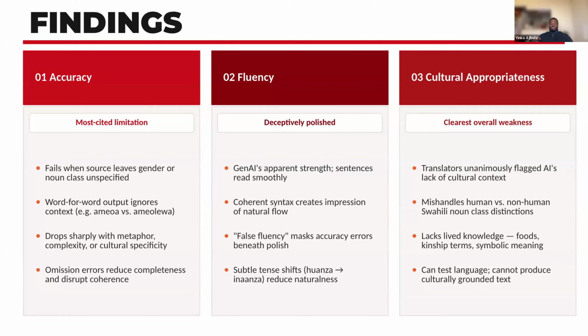It can process language patterns, but it cannot fully understand what certain words mean in use. So, for example, previously when I talked about Harambee, it does strip away some of the cultural meaning, and it goes beyond literal translation as well.